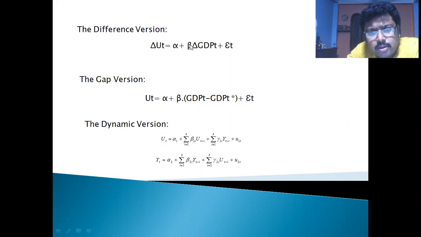One would expect that the Okun's coefficient is negative. That is, there is a negative relationship between the unemployment rate and the GDP growth rate. If there is an increase in GDP, the unemployment rate will fall.